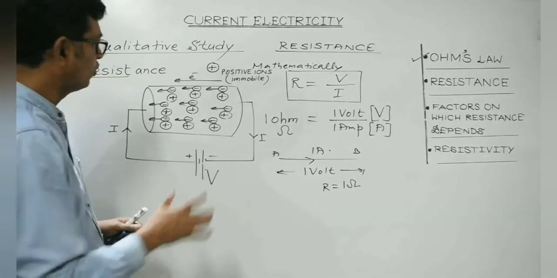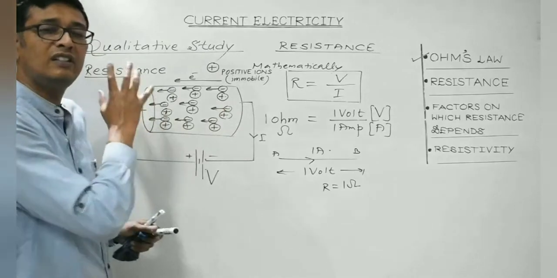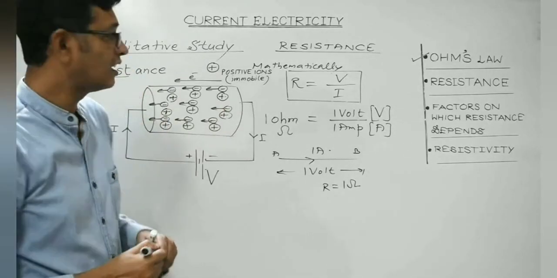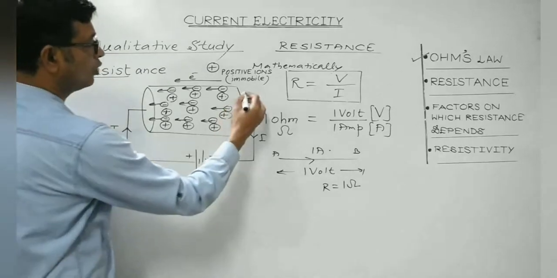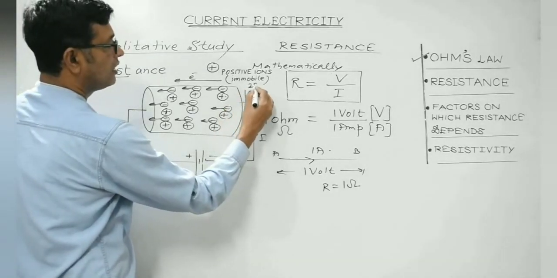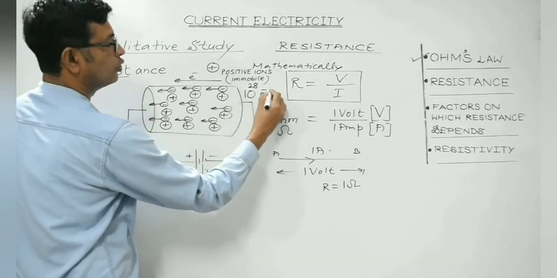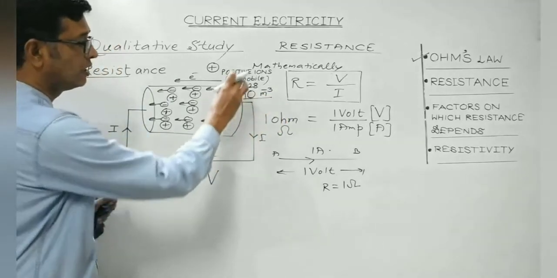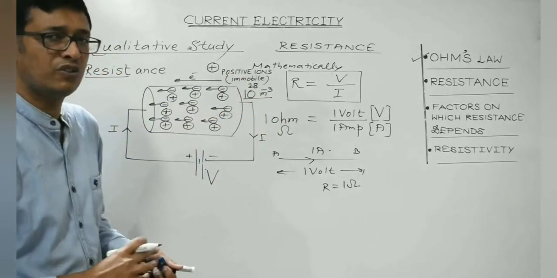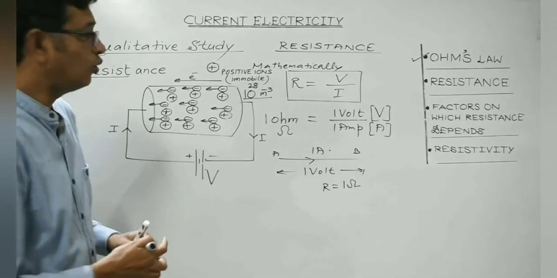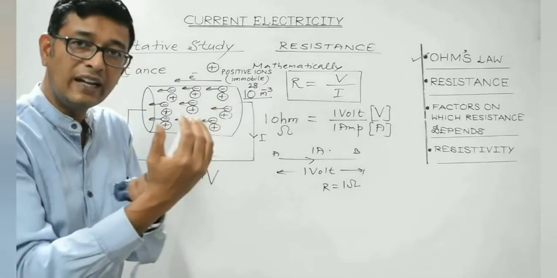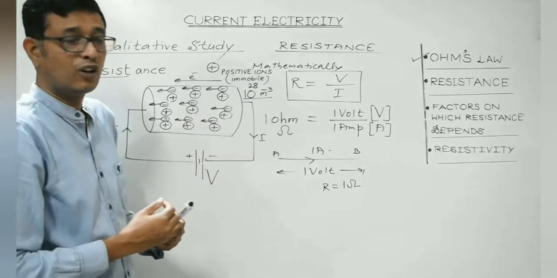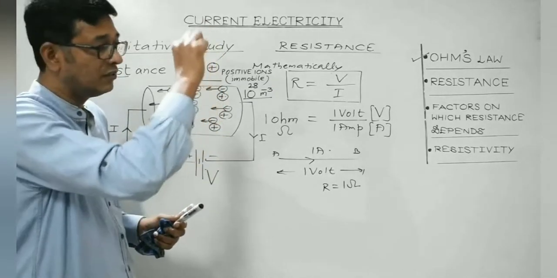Students, there are a large number of free electrons inside a conductor. In a good conductor like copper or silver, there are about 10 raised to the power 28 electrons per meter cube, which is huge. So, as they drift in a particular direction, the electrons very often collide against each other, and they also suffer collisions against the vibrating ions.